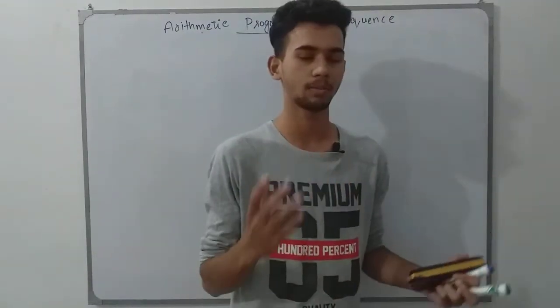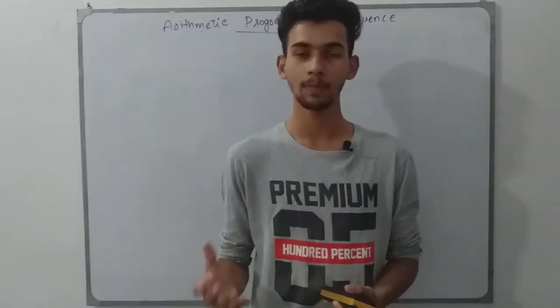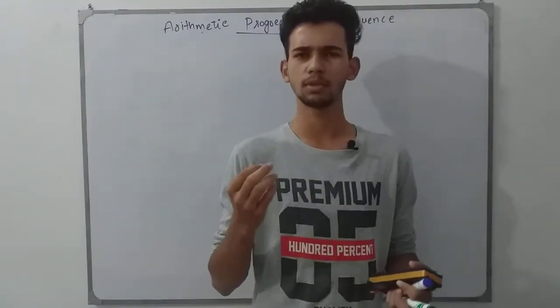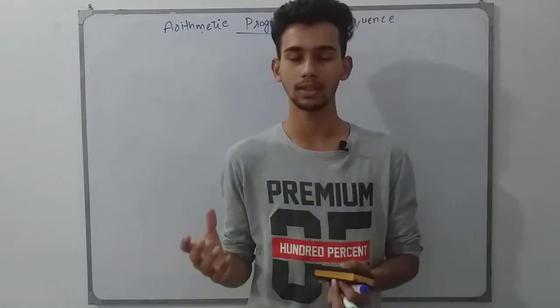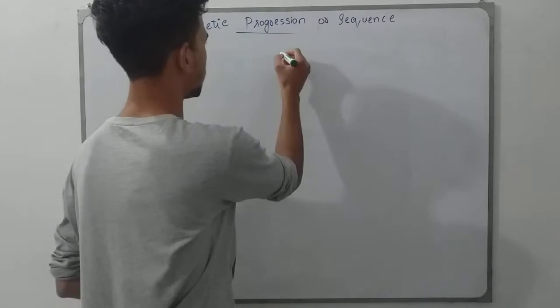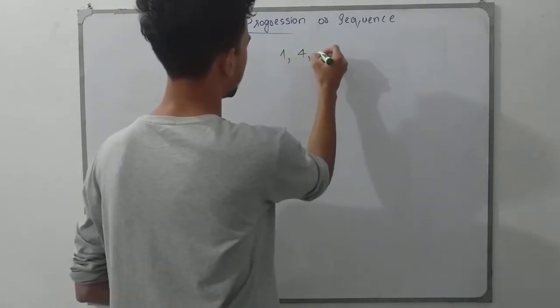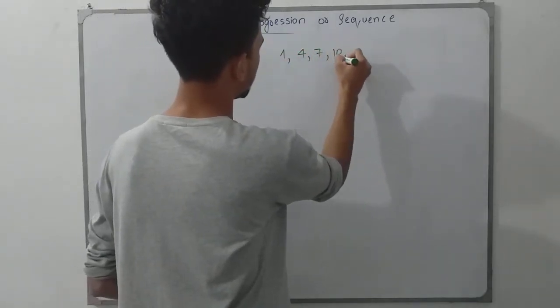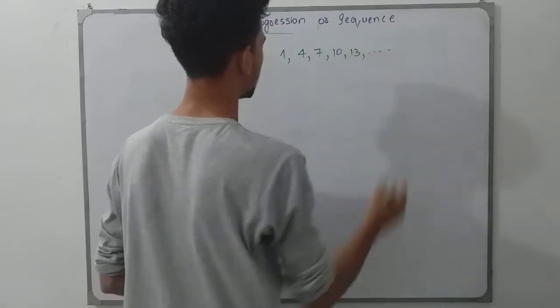It means that in arithmetic progression or arithmetic sequences, we must observe a particular common difference in the sequence. Just like I'm going to write a sequence of 1, 4, 7, 10, 13, and so on.